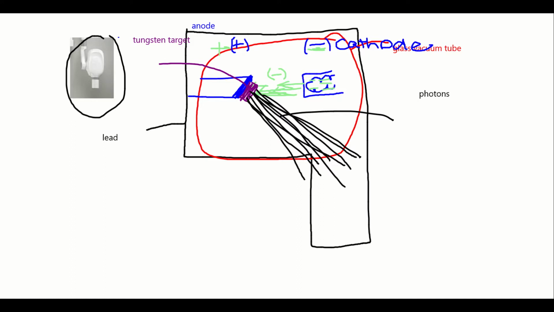First of all, one thing that we put there is an aluminum filter. That is a piece of aluminum that radiation can go through if the radiation is super strong, but your weaker radiation will stay within the X-ray head. Okay, so the aluminum filter allows only the strong radiation to go through.